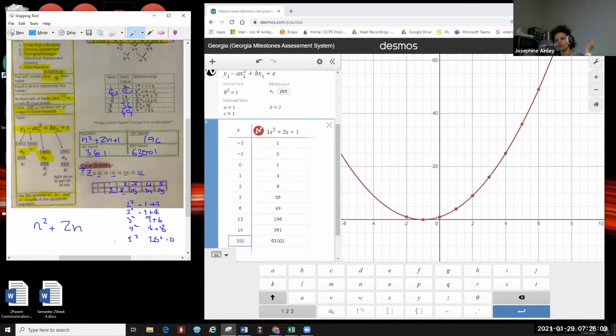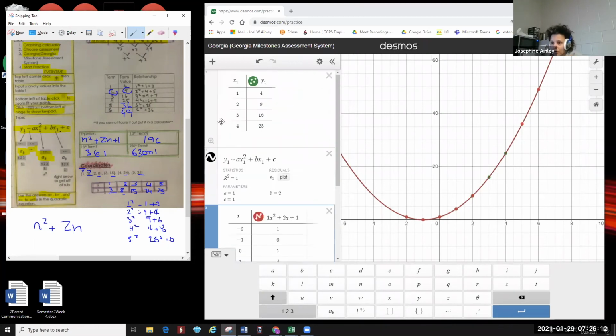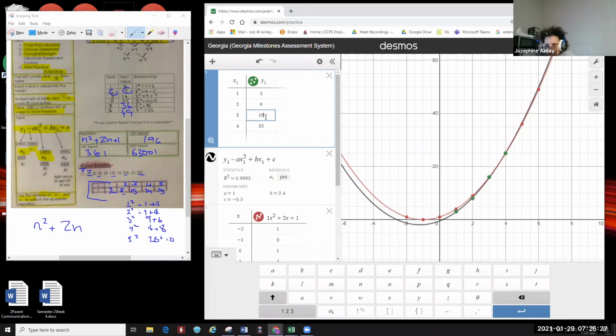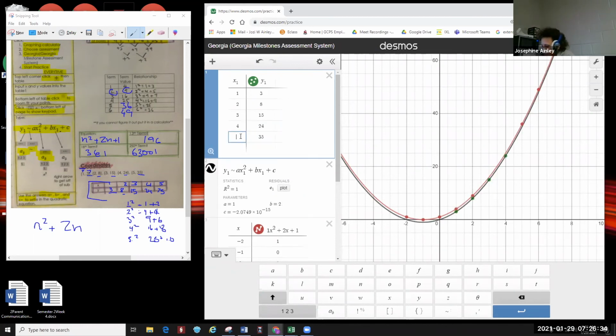But remember, if you're having a hard time finding out what that is, then you could always put it in the calculator. So I'm going to use my table here and cheat so I don't have to redo this whole thing again. I'm inputting this table into my calculator. So it goes 1, 3, and then 2, 8, and then 3, 15, and then 4, 24, and then 5, 35.